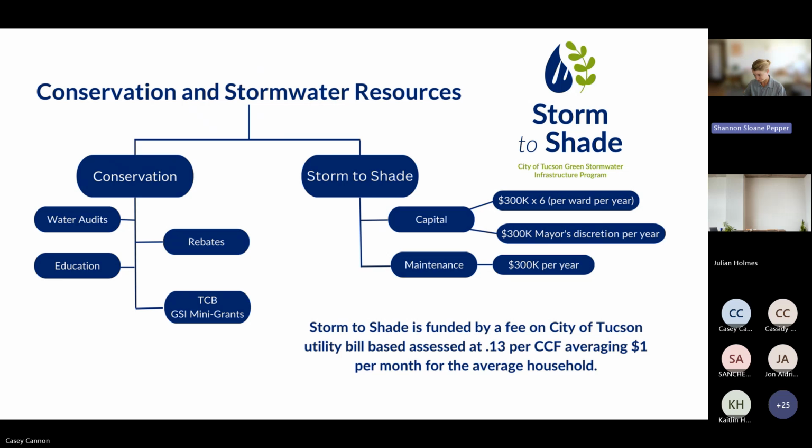Also, Storm to Shade has a utility bill fee. They charge 13 cents on average for a household, or it averages out to about $1 per month for the average household. It's a little bit more for commercial users, but that's what their fee looks like. Next slide.